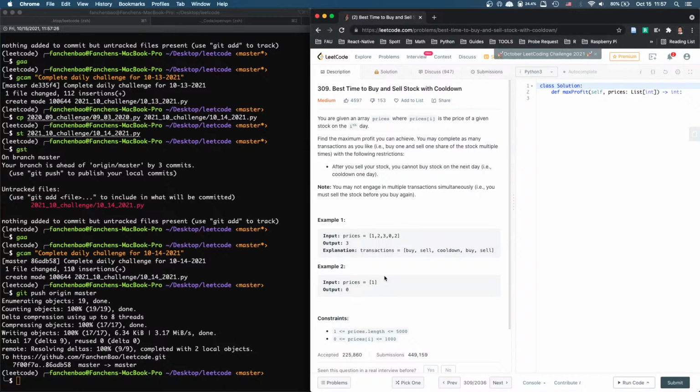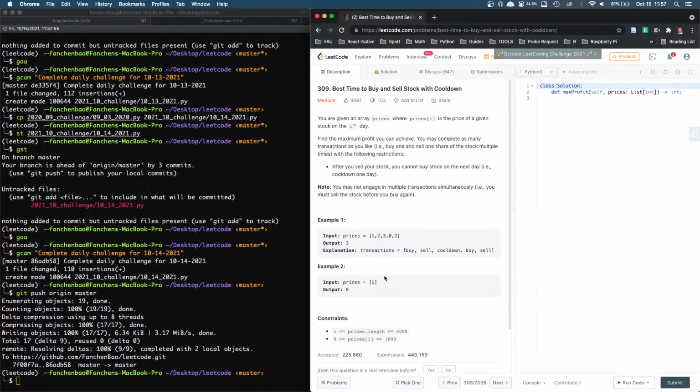If I want to stay in holding state, then we can either go from empty state to buy, right? From empty state to buy. So we're going to say empty state buy is minus.